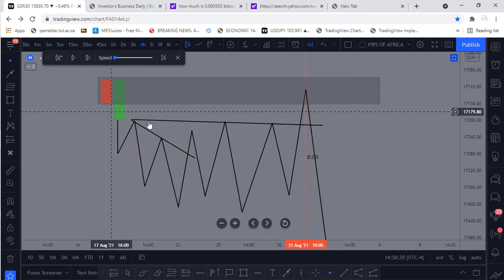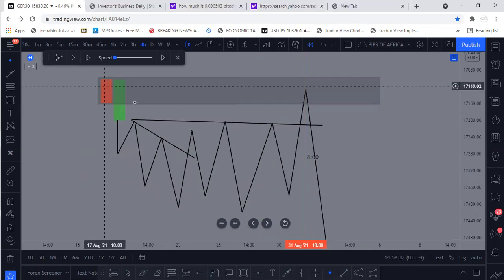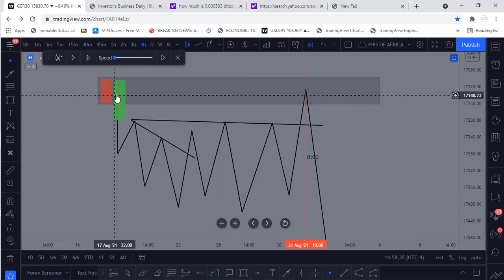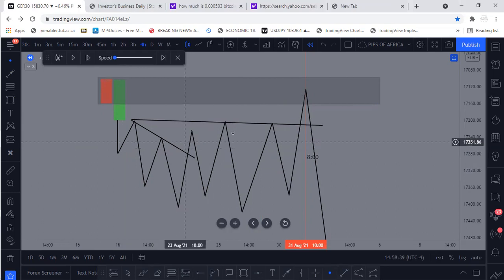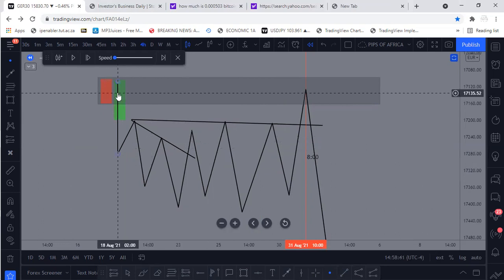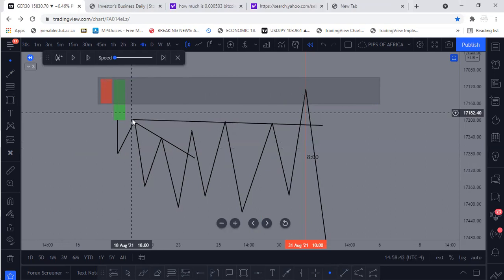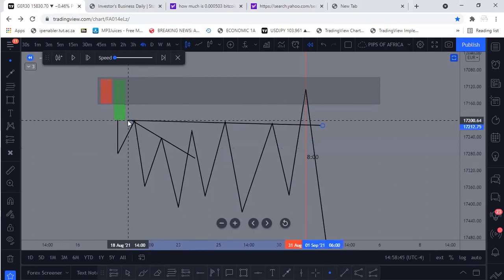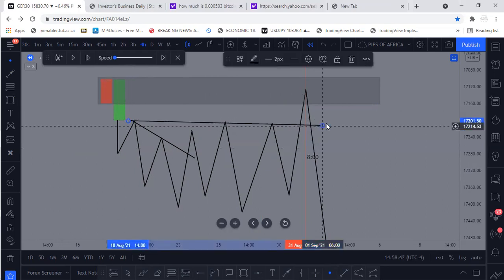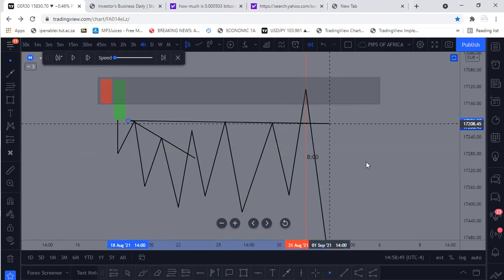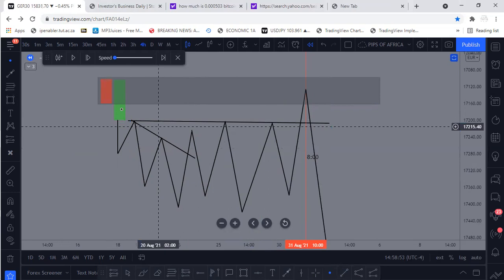Now the market makers will create an order, introduce the supply here, and then the market will be consolidating below the order block. They are creating liquidity below an order block. The order block is above there, but liquidity is underneath.